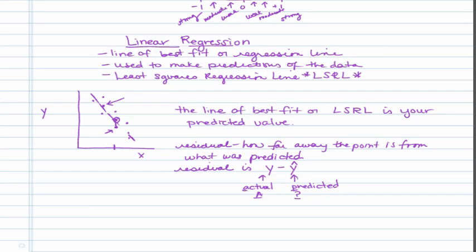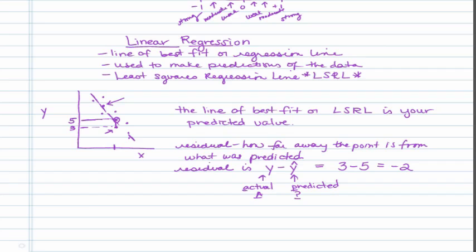So let's say that this point right here hits at 5, and this point here has a y value of 3. What would the residual be? You would take the actual value, which is that lower one, the 3, and take away the predicted value, which is the 5. And you can get a -2 for a residual.